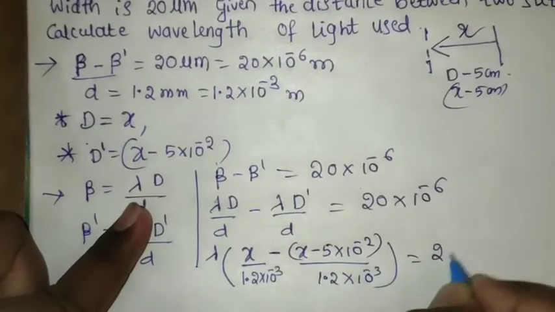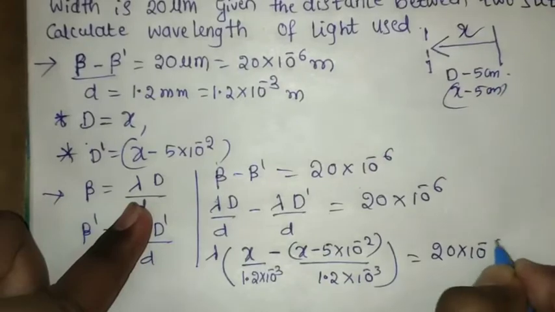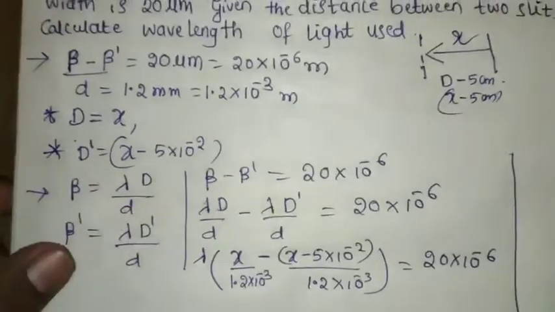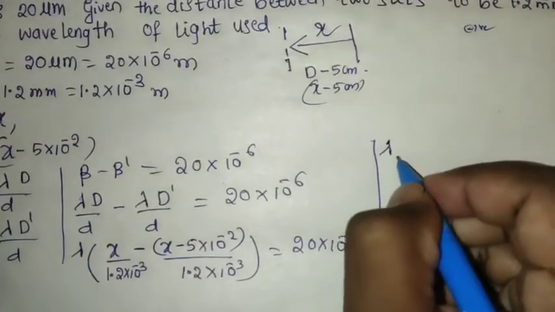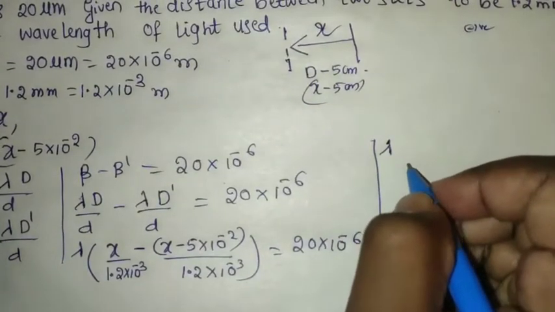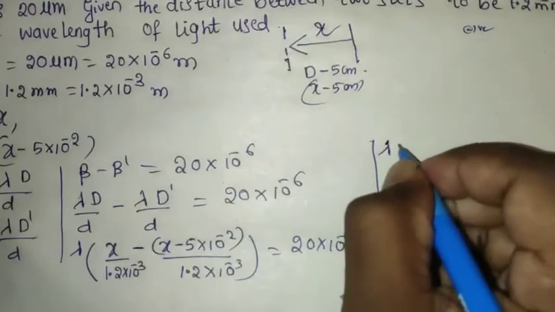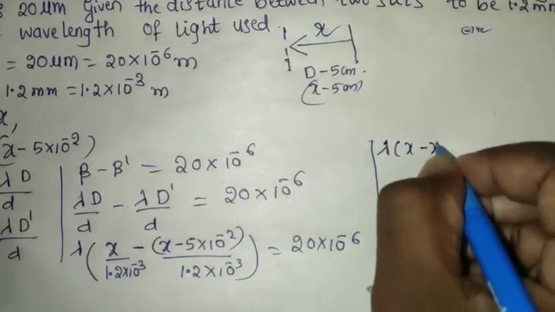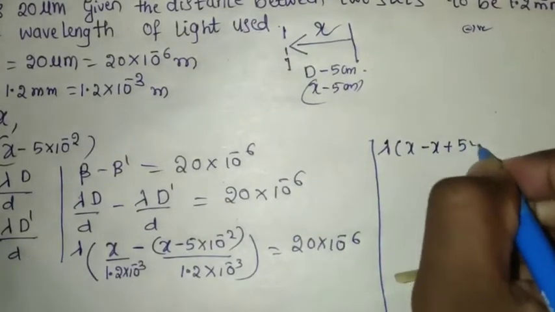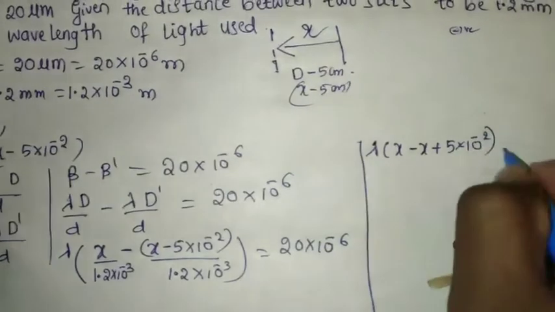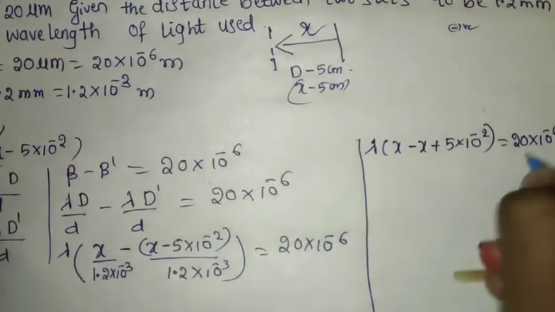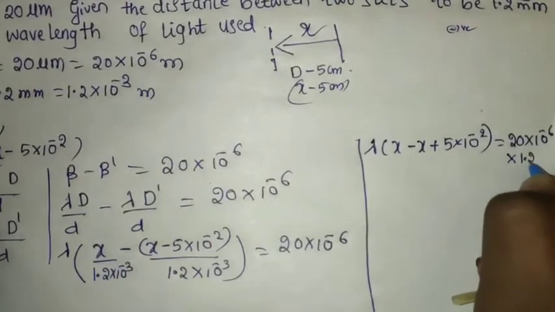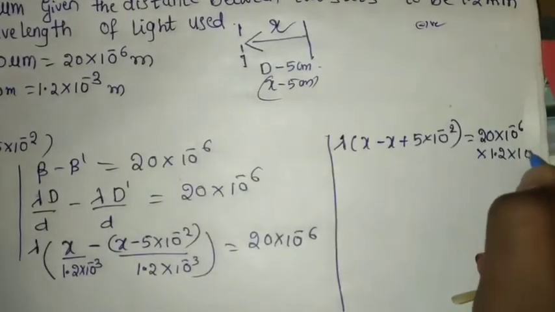This equals 20 into 10 to the power minus 6. Write lambda as it is, take common 1.2 into 10 to the power minus 3, and after cross multiplying it becomes x minus x plus 5 into 10 to the power minus 2 equals 20 into 10 to the power minus 6 into 1.2 into 10 to the power minus 3.